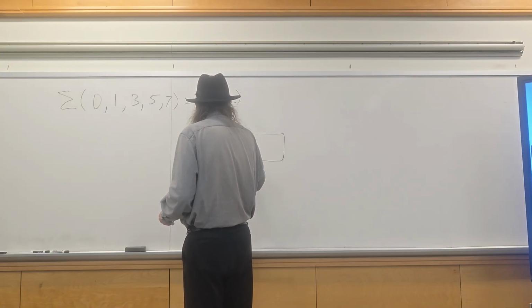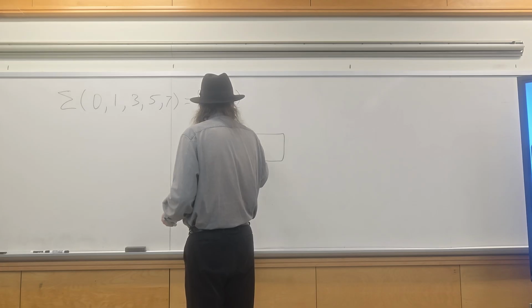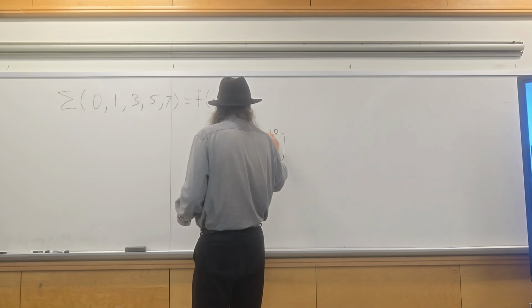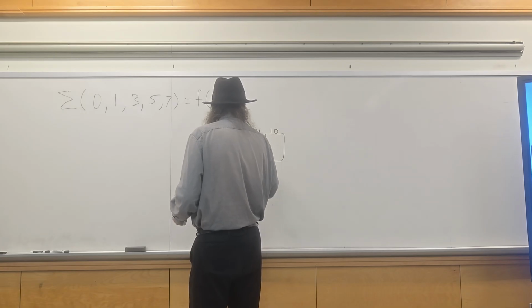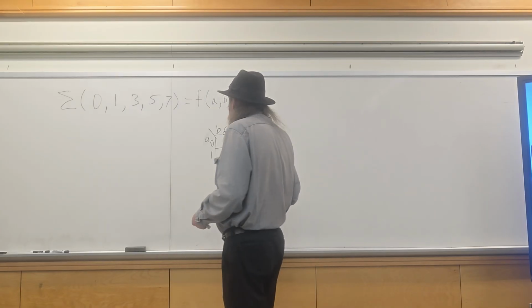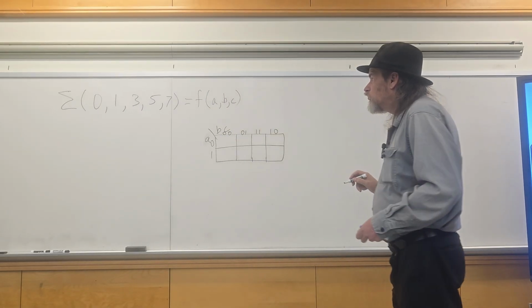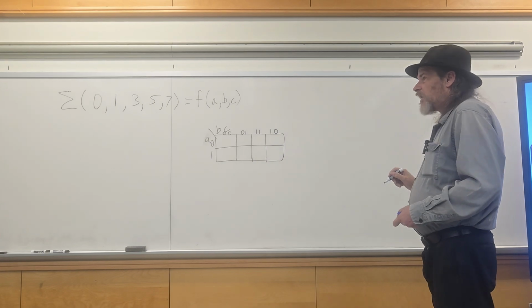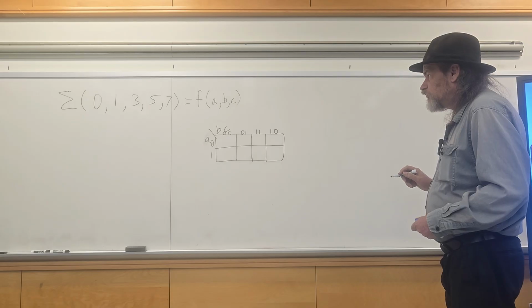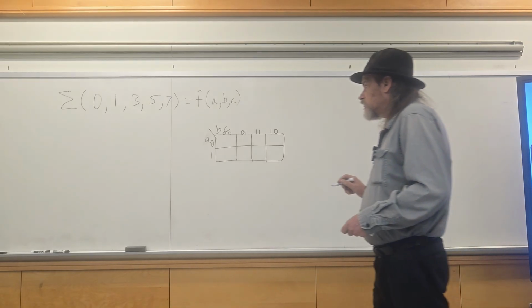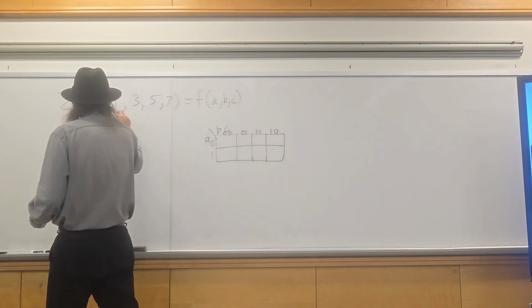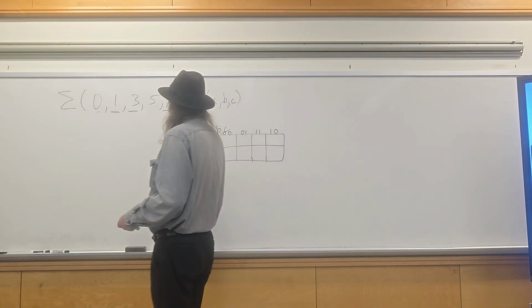0, 1, 0, 0, 0, 1, 1, 1, 1, 0. And what's the binary values of each of these numbers in the sum here?